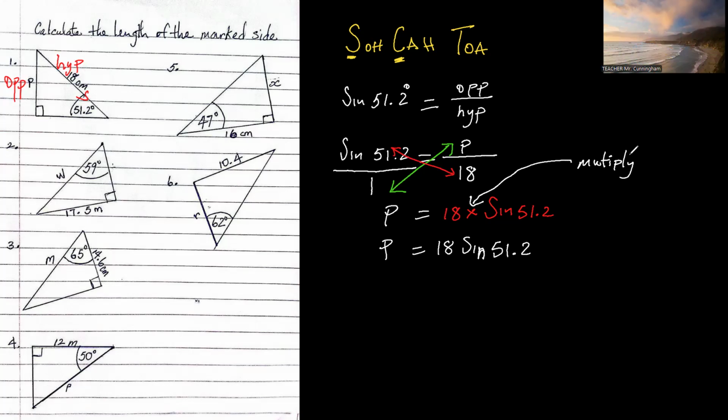Let me go get my calculator. You're just writing 18 and then sine 51.2, close bracket, if you have a really good calculator. How much is that? 14.03. We'll use 14. So P is equal to 14.